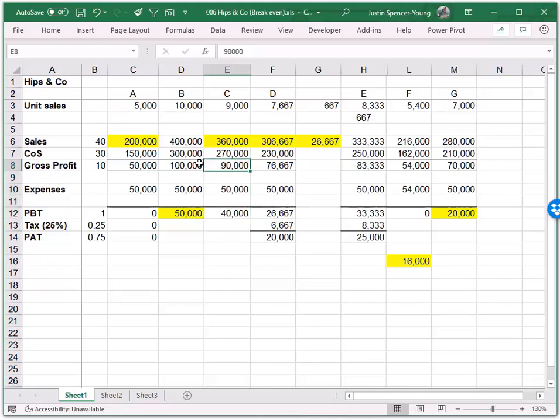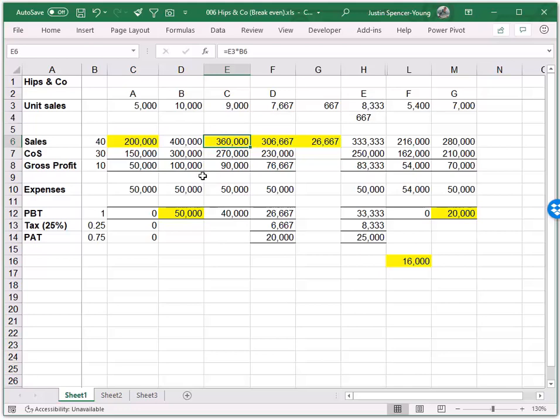Once you've got your gross profit, divide it by margin to get to units. Units times selling price gets you sales. Units times cost price gets you cost of sales. And we've worked our way up now to the 360,000 rand in sales that would be required to make a profit of 40,000.